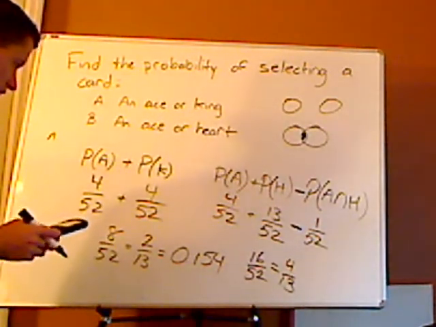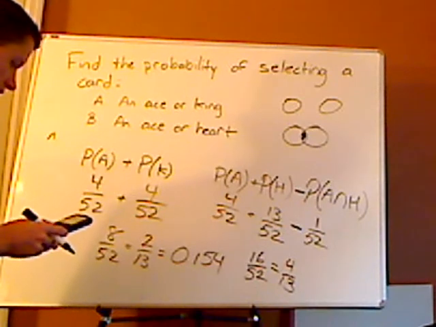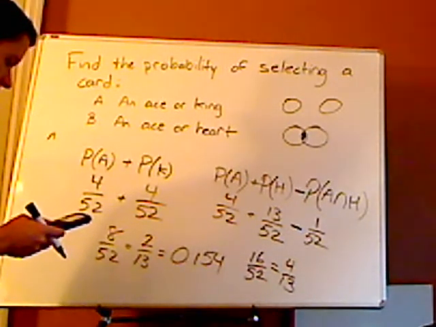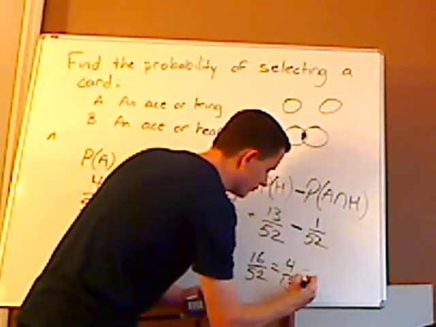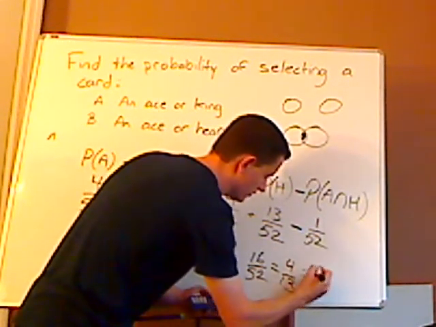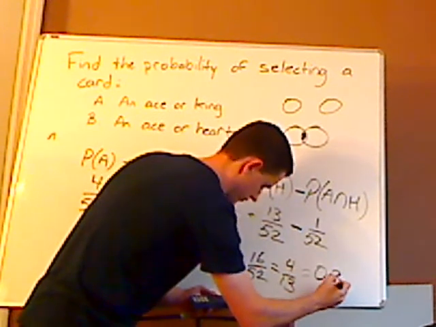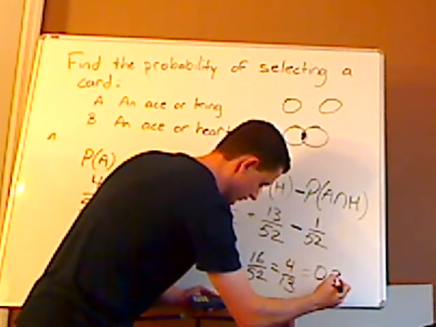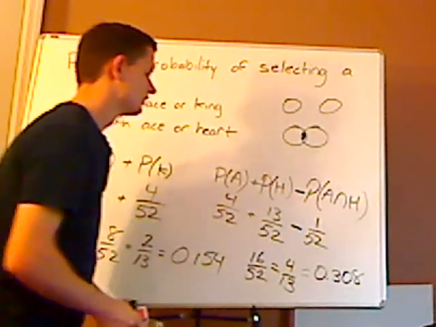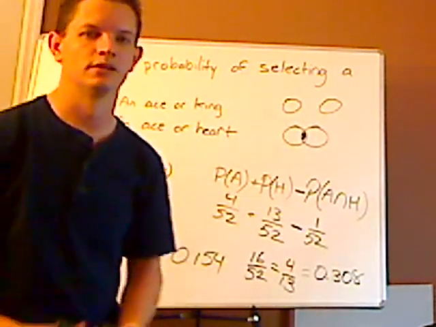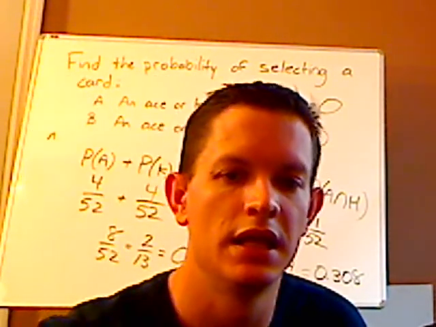So that's 4 over 13, which gives me a probability of 0.308, again rounding to 3 decimal places. And that's it.